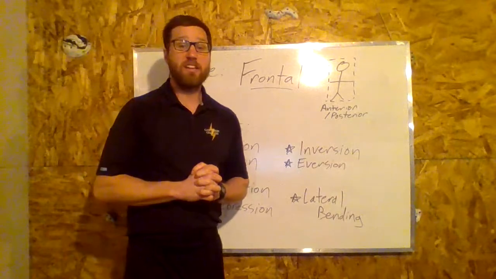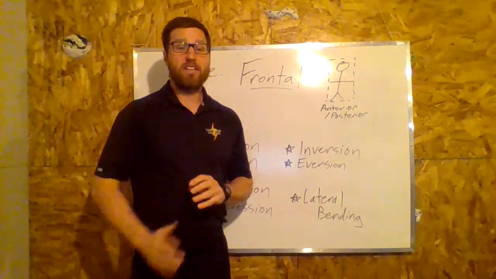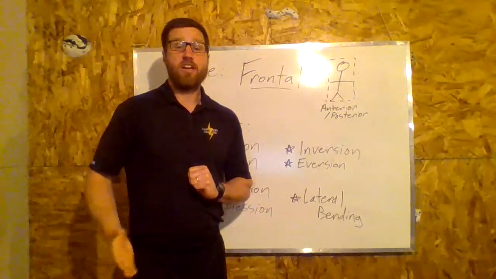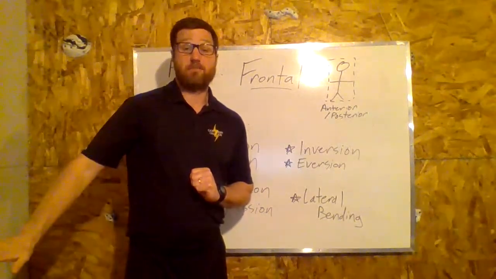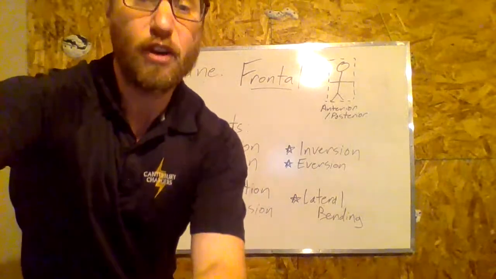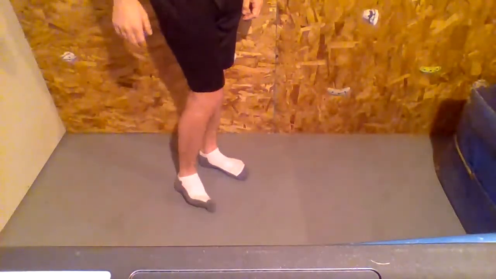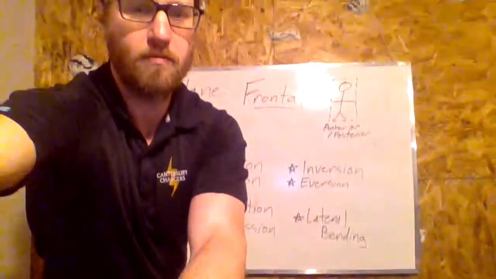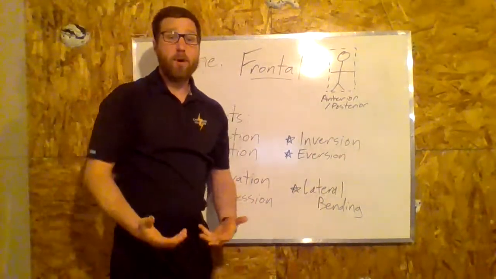Eversion is the opposite. Eversion is pointing the bottom of your foot, that most distal part of your foot, away from the midline, more lateral. So eversion looks like this. Eversion. It's not as common a movement.